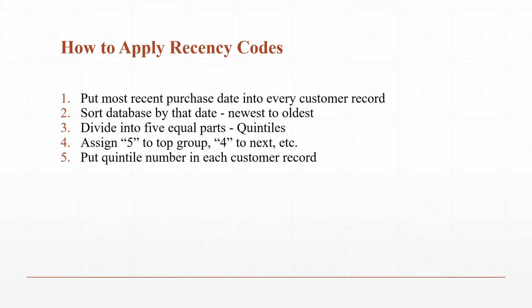You then divide that list into 5 quintiles. You then assign 5 to the top group, that is the most recent purchasers, 4 to the next most recent purchasers, down to 1, which are the oldest or least recent purchasers. Then you put that quintile number in each customer record.